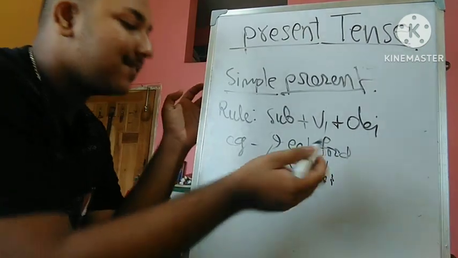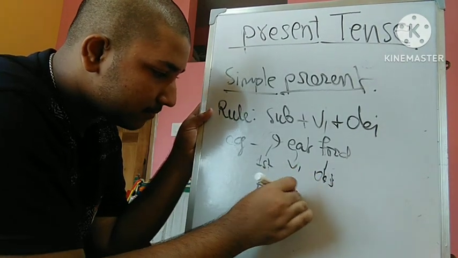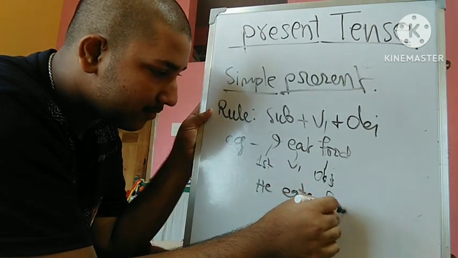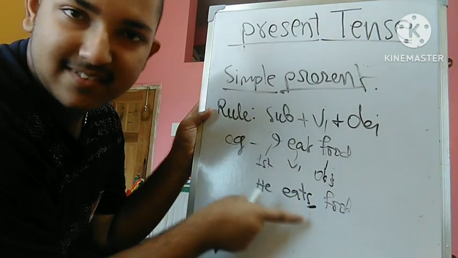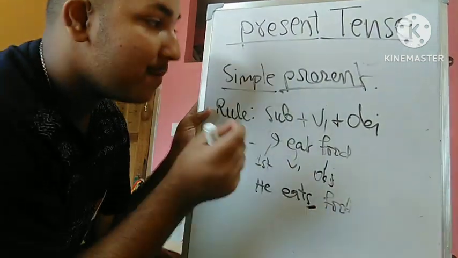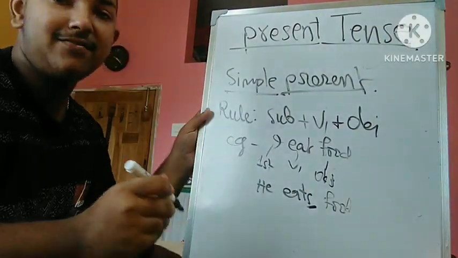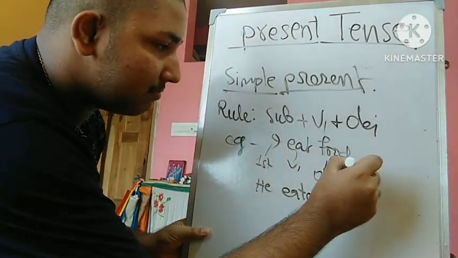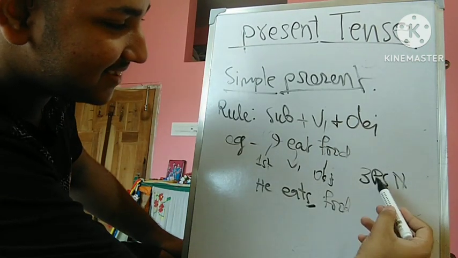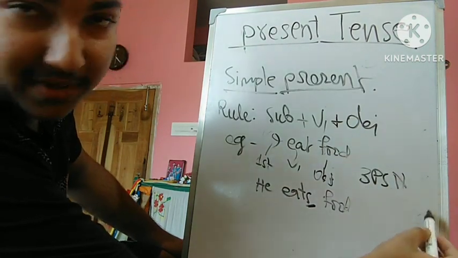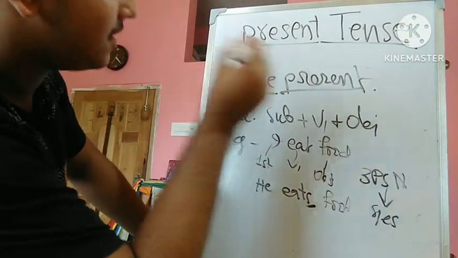Let us take another example. He eats food. Now here, have you noticed that I have added S? So why have I added S? Because this is a formula in English grammar, that with every third person singular number, I have already told you, this is my formula, 3PSN, third person singular number, we will always add S or ES in simple present tense.